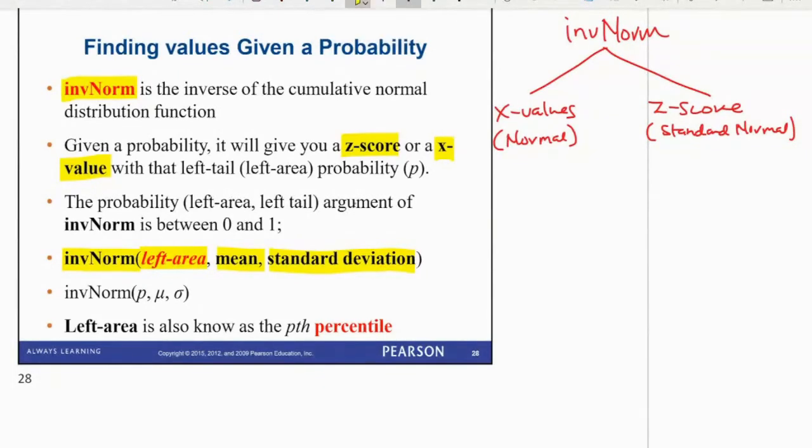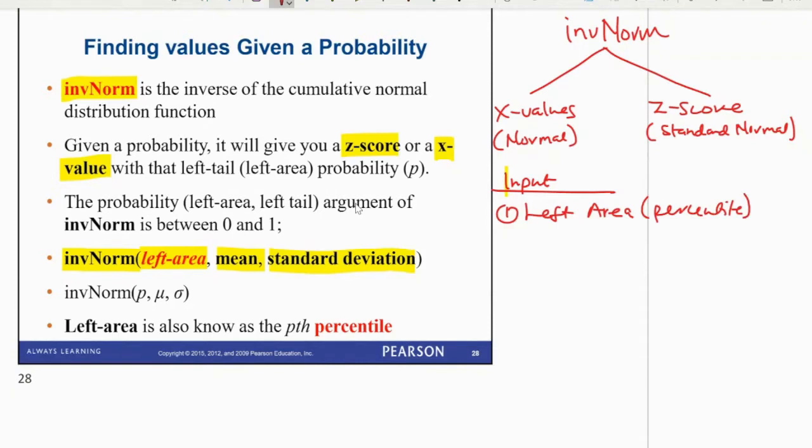All right. Now, the inverse norm takes in three pieces of information. Number one, it takes in the left area, or the left side, the percentile. It only takes in the value of the left area.